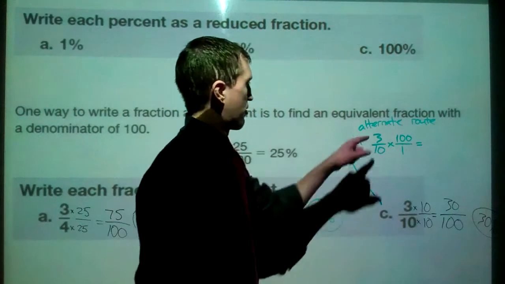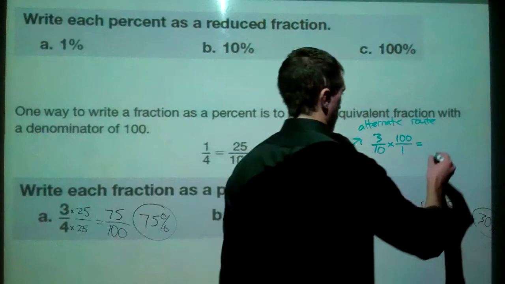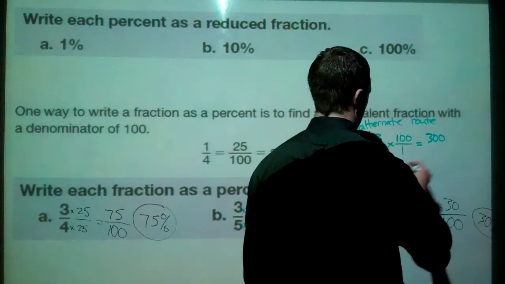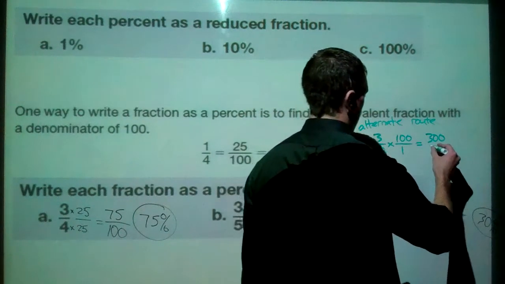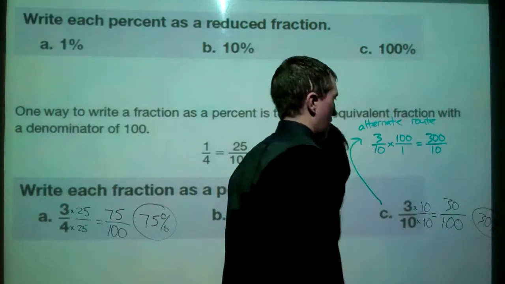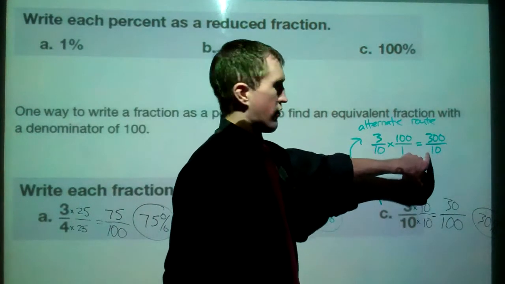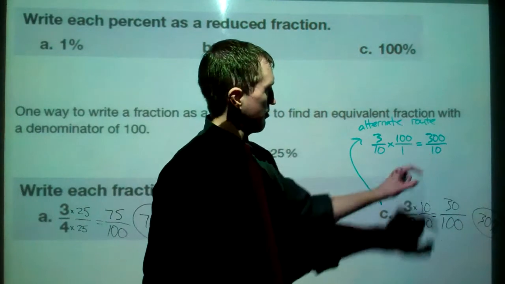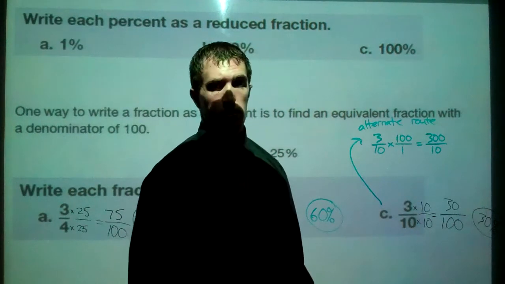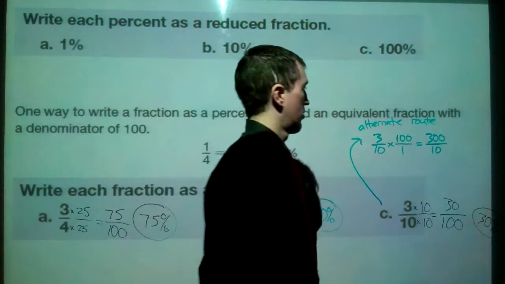And we will get 3 times 100, which is 300, all over 10 times 1, which is 10. And now we have 300 divided by 10. And we know that that's going to come out to 30.